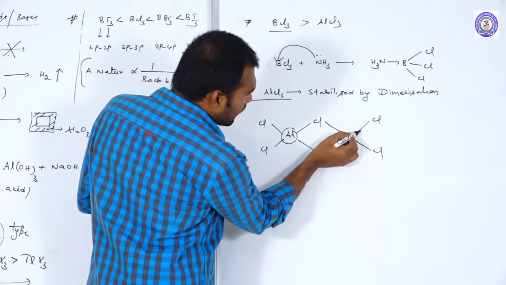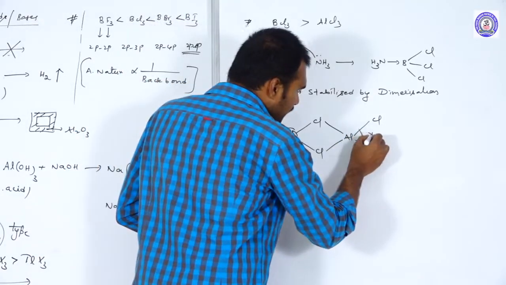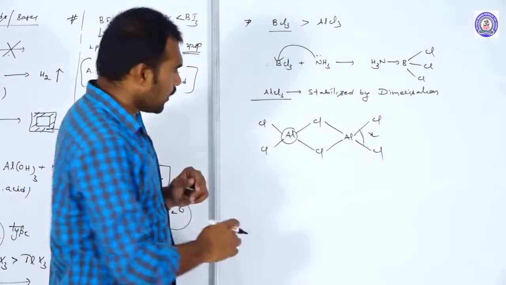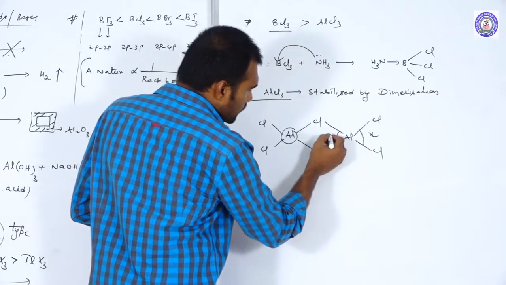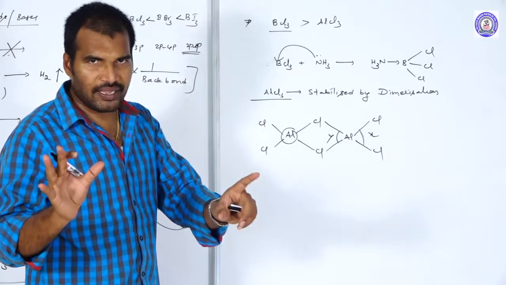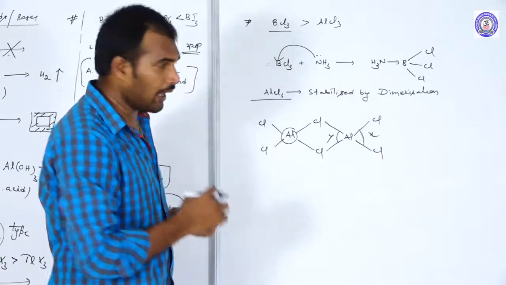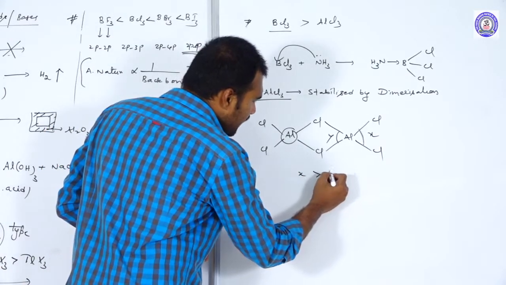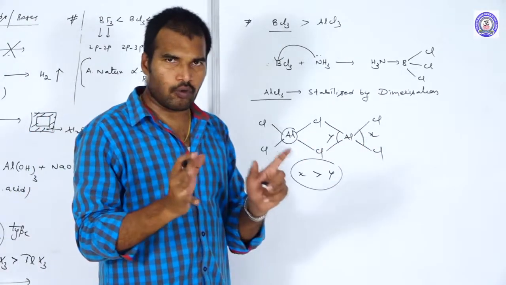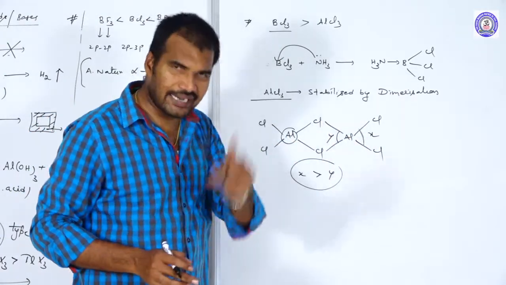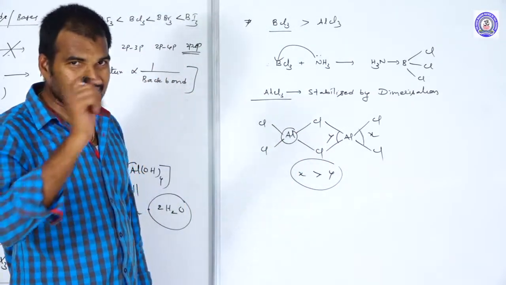Let us consider the bond angle between the terminal bonds as X, and the bond angle between the middle bridging halogens as Y. When you compare them, X is always greater than Y. X means the terminal bond angle. The bond angle between the terminal bonds is always greater than the bond angle between the bridge bonds. What is the reason? Why?